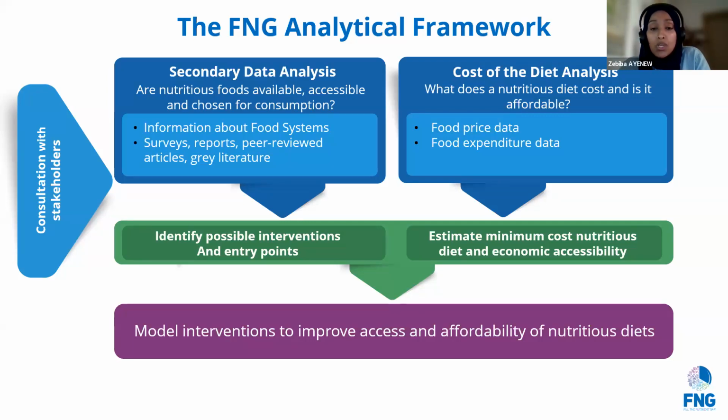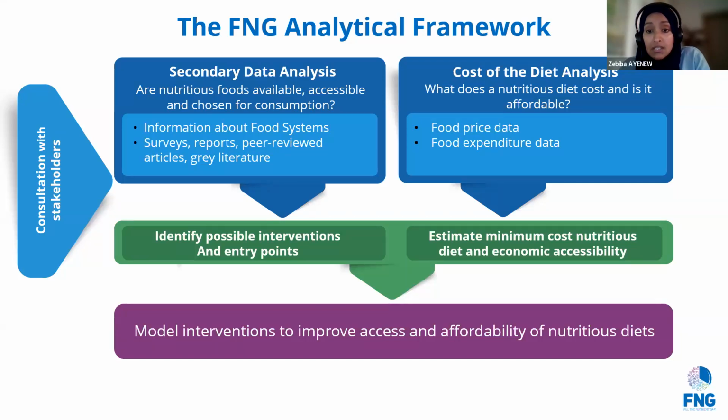We look at national level and household level surveys, reports, national programs, national strategies, published research, a secondary data review that helps us gain insight into the nutrition and food system situation in that context.